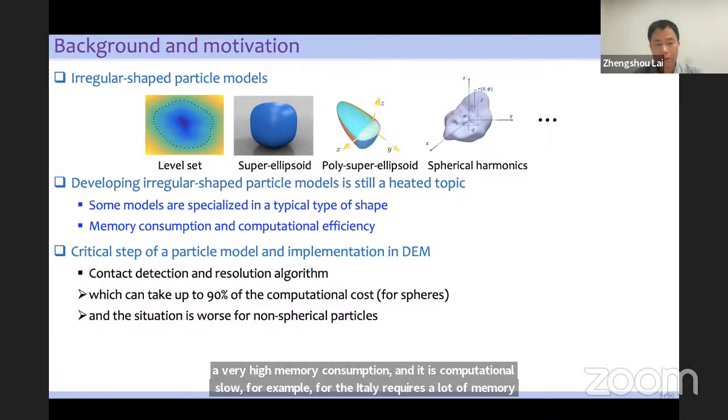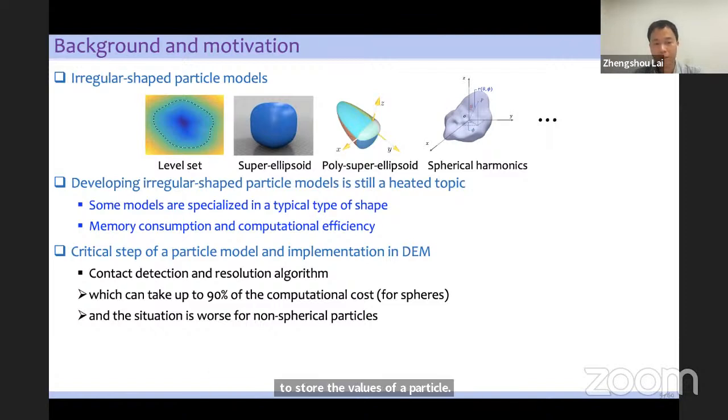The critical step for developing a particle model and implementing it in DEM is to develop the contact detection and resolution algorithm. Contact detection means identifying the contacts between particles, and contact resolution means evaluating the contact geometries between two colliding particles.